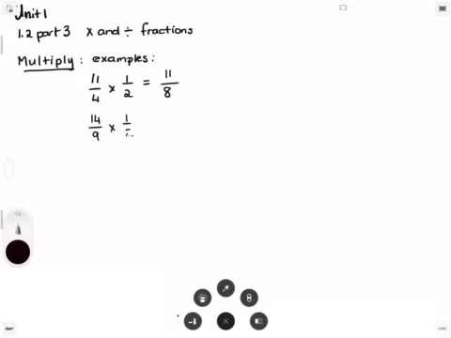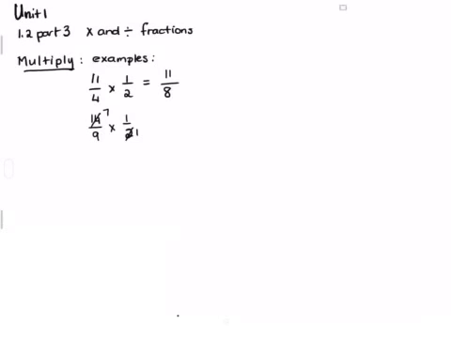There's my 2 can go into itself once, and it can go into 14 7 times. Now I do top times top over bottom times bottom.